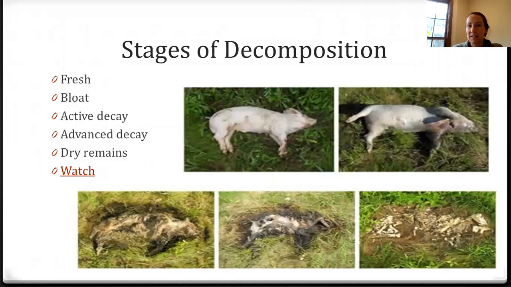Okay, so stages of decomposition. You have fresh, a dead pig, then bloat occurs, active decay, advanced decay, and then your dry remains. There's a little video clip I'll post too. You can watch those or you don't have to.